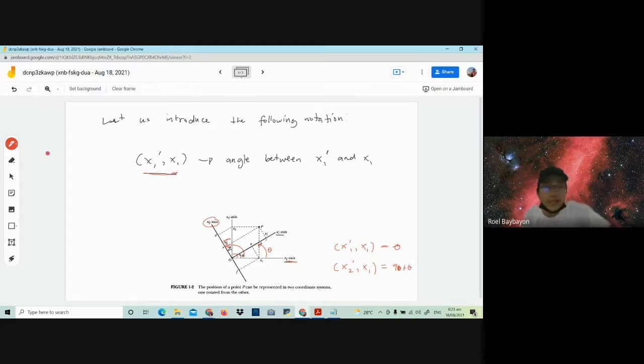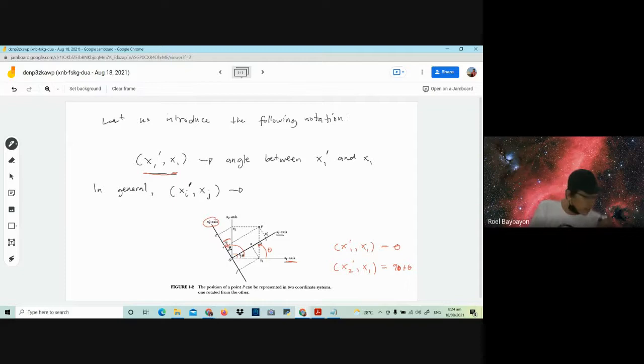In general, we can generalize this into this expression. In general, the parenthesis xi prime, xj, take note, the prime comes first. The prime coordinates come first.